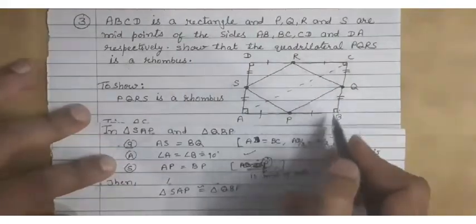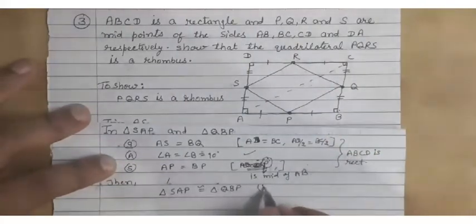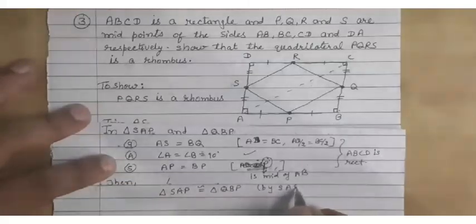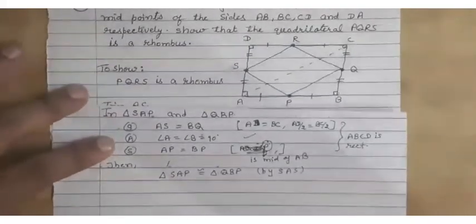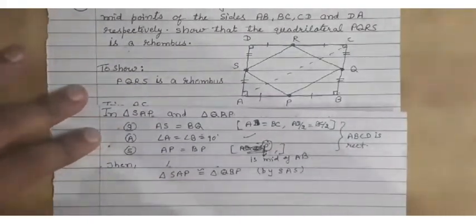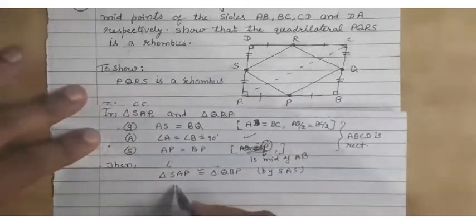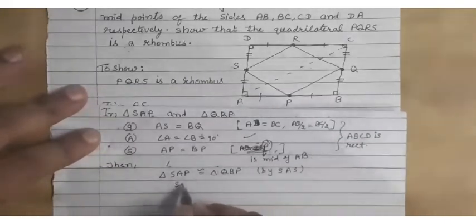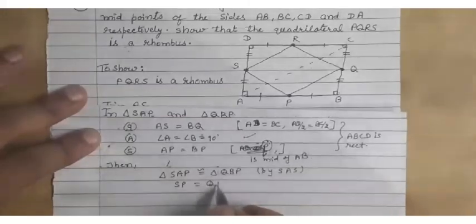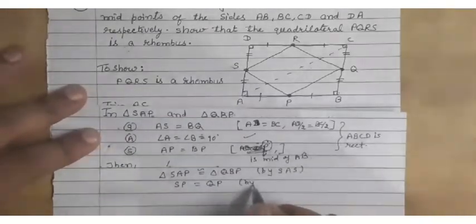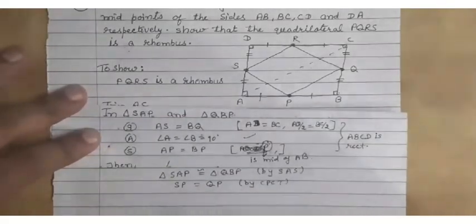SAP and QBP both are congruent by SAS rule. Then what is the meaning? What we can say, SP is equal to QP by CPCT.